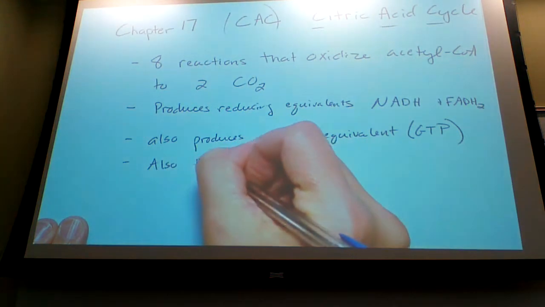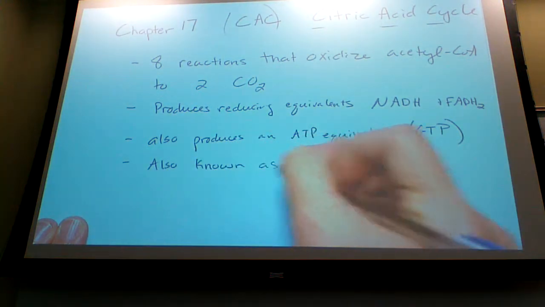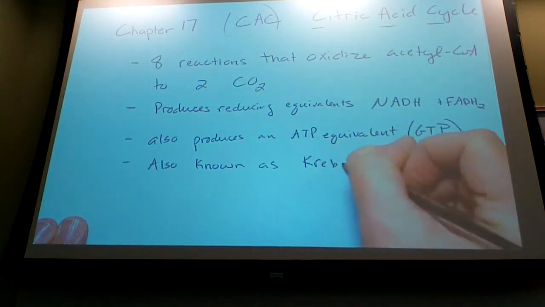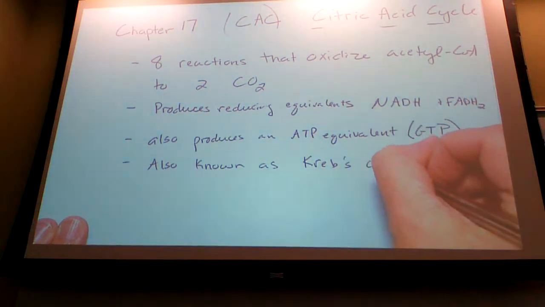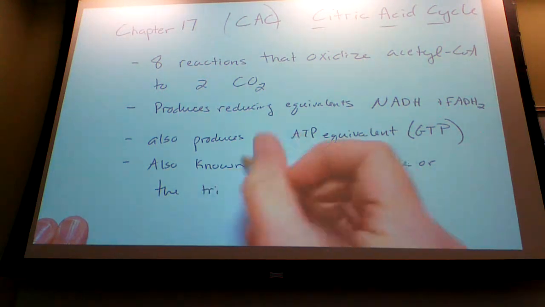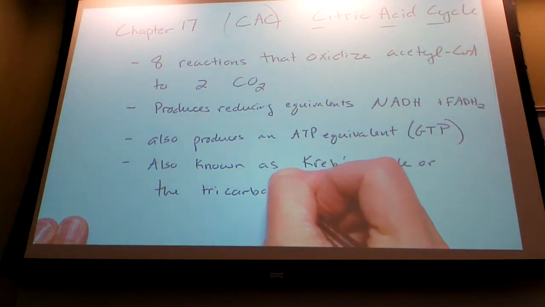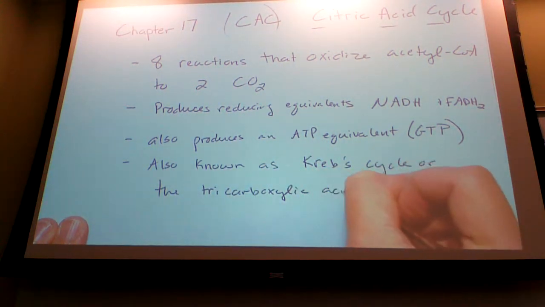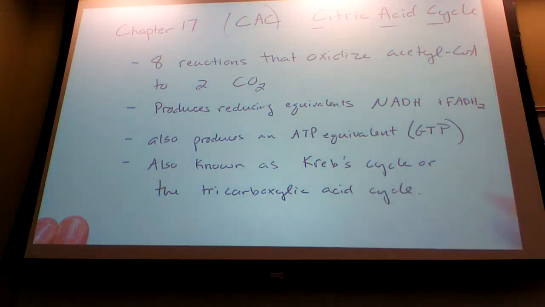It's also known as the Krebs cycle, or the tricarboxylic acid cycle. I don't know which of those the biology department is using. Krebs cycle. That's what we learned in 140.